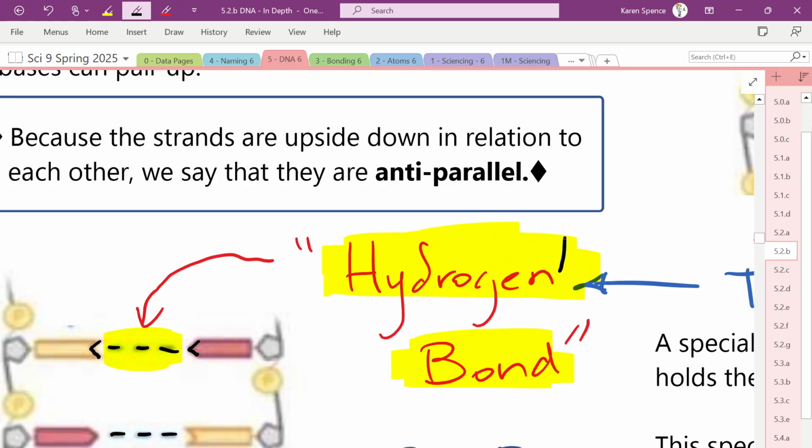And we're going to star that. That is a hydrogen bond.